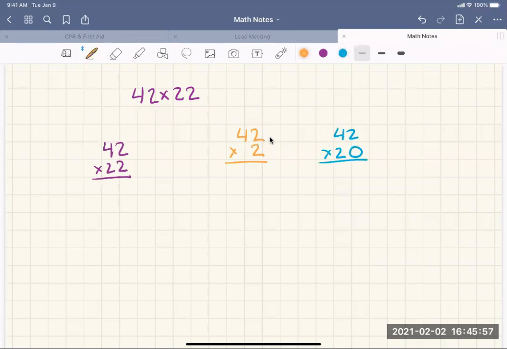Okay, so I know 2 times 2 is 4, 2 times 4 is 8, so that gives us 84. And then that means 42 times 20 should definitely be 840.